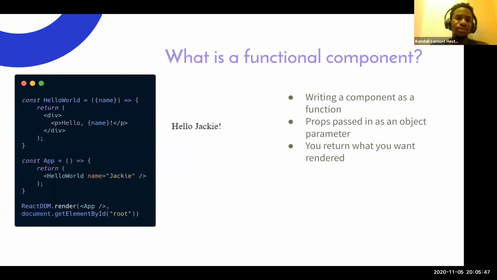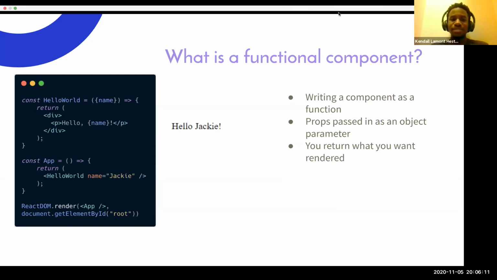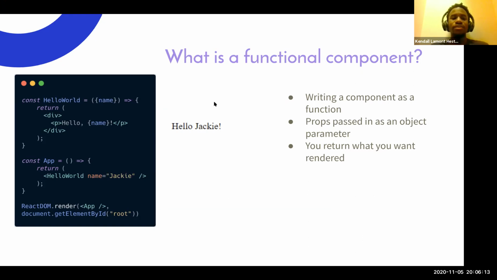Next slide. Sweet. So what is a functional component? Functional components have been around for quite a while. Primarily, as you can see, it's pretty much just a function that returns some HTML or JSX. We pass in props as an object parameter, and then you get what we passed in.